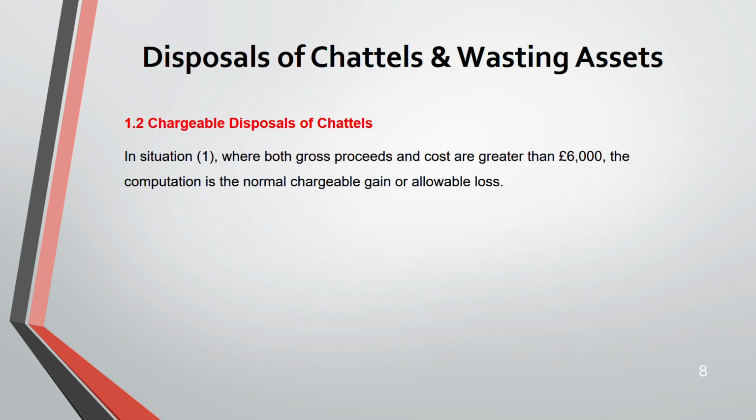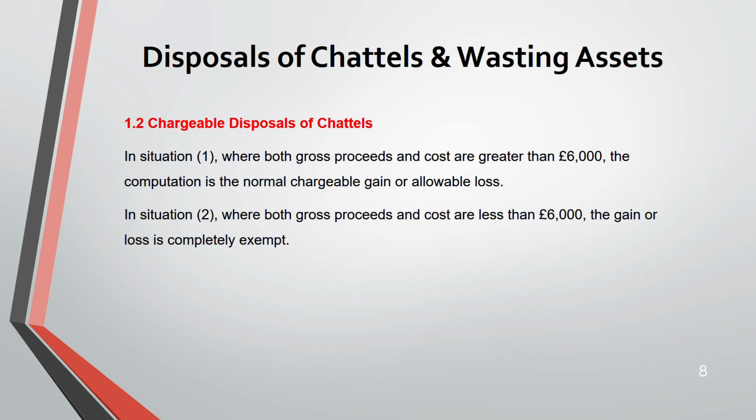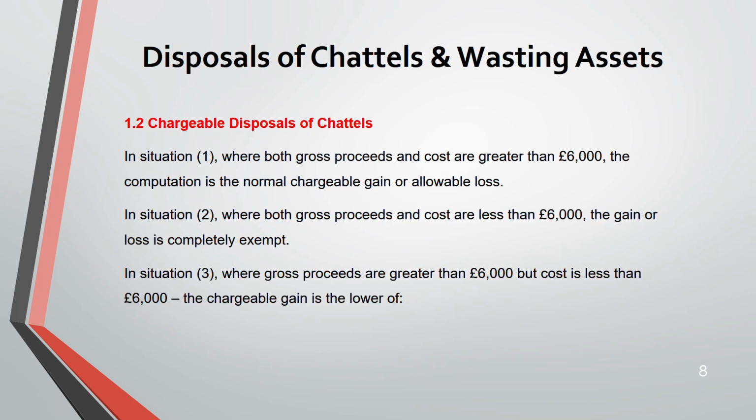Now, in situation 1, both are greater, normally chargeable. Situation 2, both are less than 6,000, completely exempt. Situation 3, proceeds are more than 6,000, cost is less than 6,000, the chargeable gain will be the lower of the normal gain and 5/3 times (gross proceeds minus 6,000). Remember this fraction 5/3 is fixed. This is applicable for situations 3 and 4 only, the 5/3 fraction, not 1 and 2.